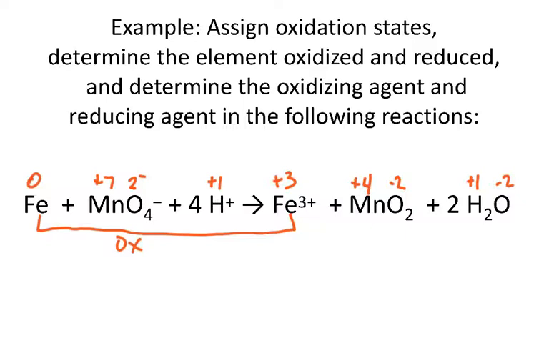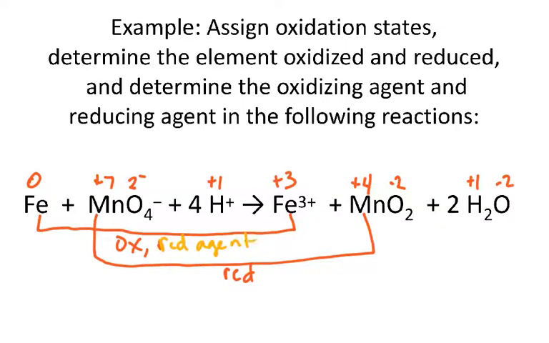Our manganese went from a +7 to a +4, so it gained the electrons, so it is reduced. And whatever is oxidized is the, I'm going to change colors, reducing agent, and whatever is reduced is the oxidizing agent.